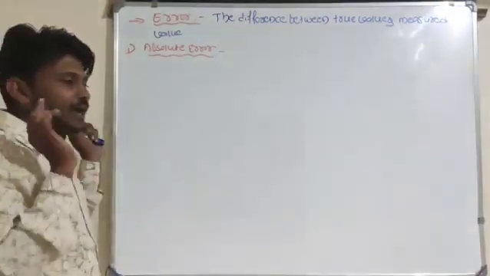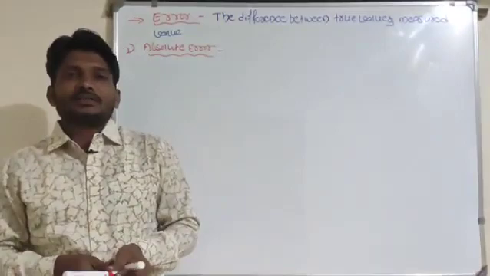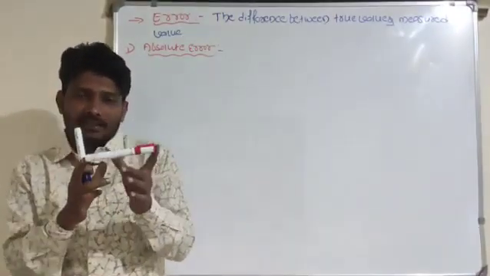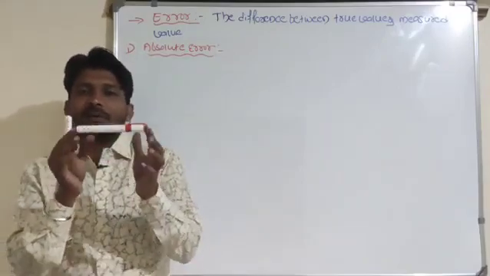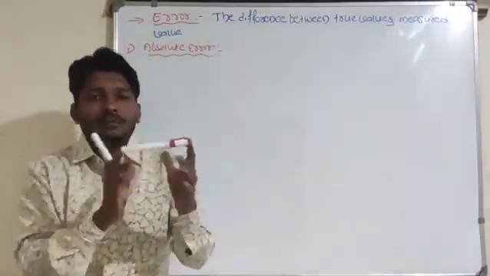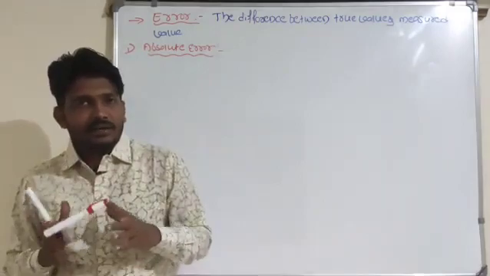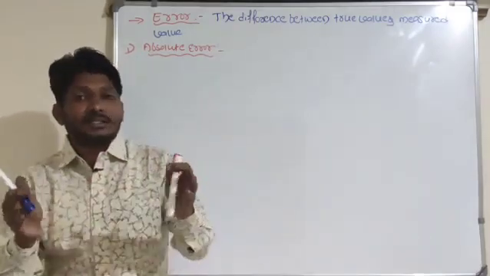For example, I am measuring one physical quantity, the length of this object. I will take a number of trials here. The first time I measure, its length is A1. If I measure the second time, its length is A2. If I measure the third time, its length is A3.